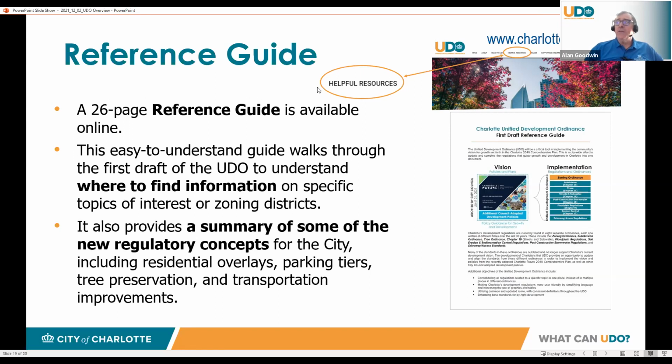If you click on that, you'll find a tab for the reference guide. It's the top tab that you'll see in that pull down menu. That will open up the PDF for you right in your web browser, and you can read it there, or you can download it and read it later.